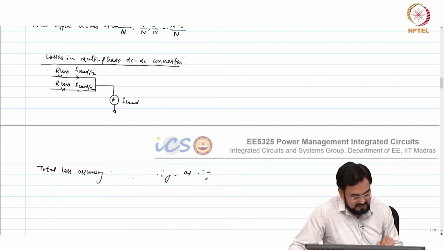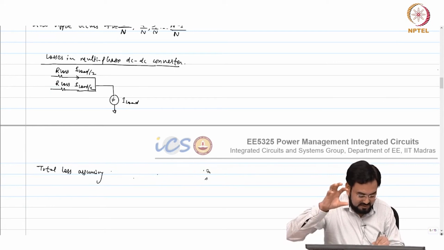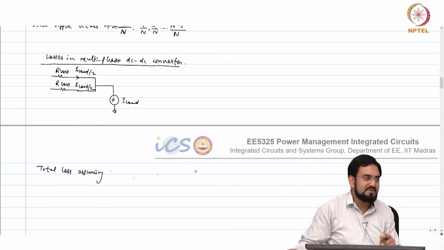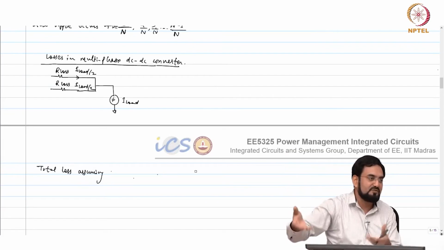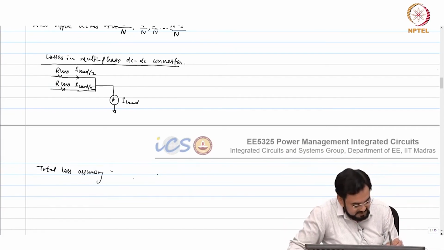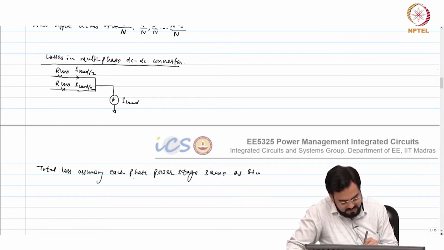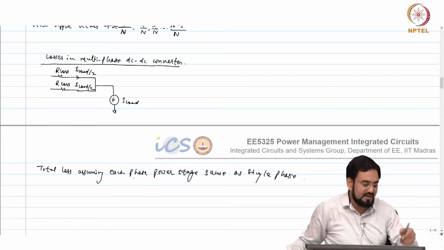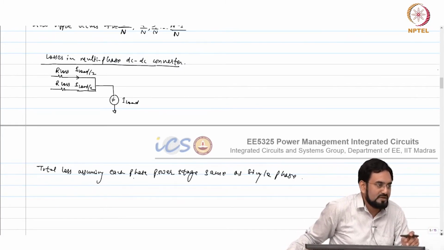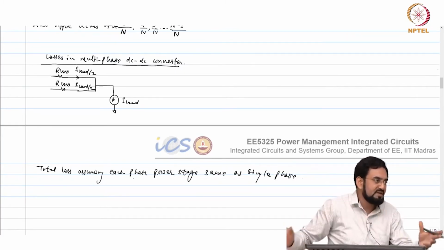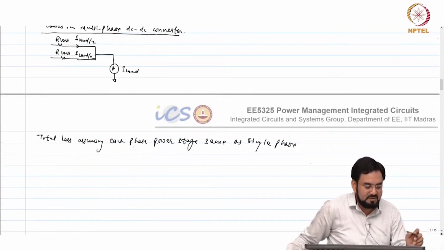First I will do it like, let's say I just copy the same converter multiple times, which means I am increasing the size of power FET, like 2 phase 2x, assuming each phase power stage is same as single phase. That's why I kept it R loss, not twice of R loss. If you shrink the size by 50%, then it will become 2 R loss.